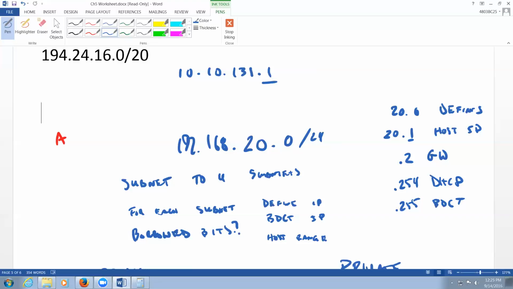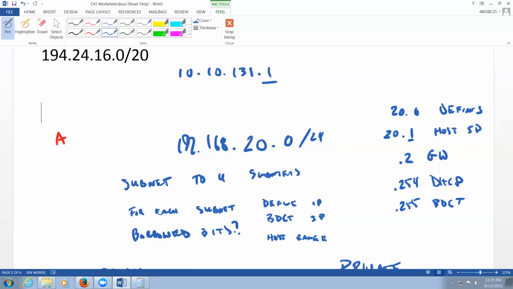If you go into Blackboard, like I have /26. And that's how you do it. So if I divide that by 4, each of these networks is going to have 64 values. Right?